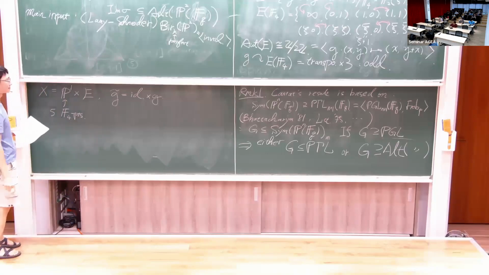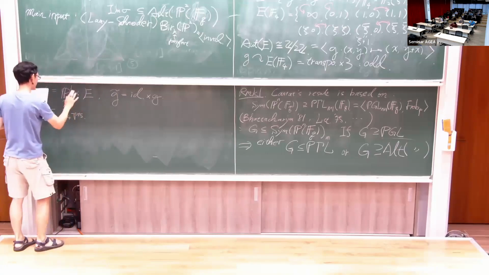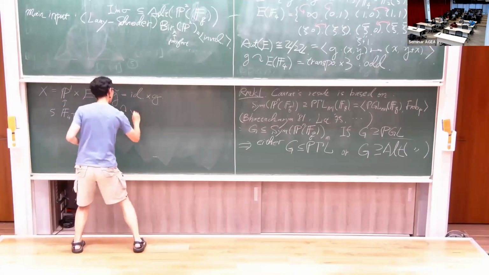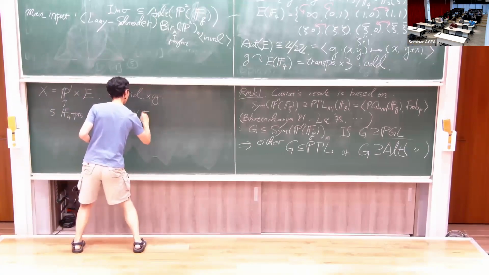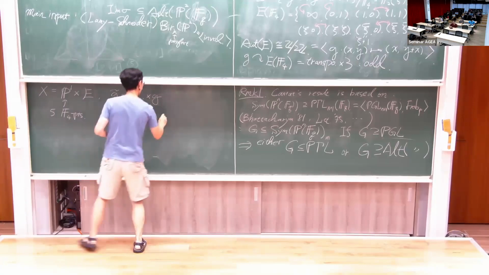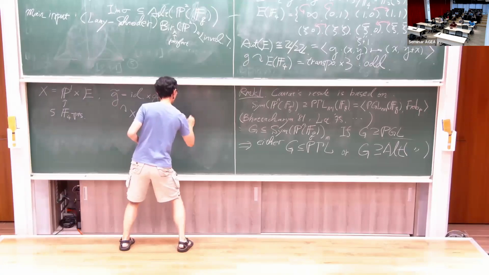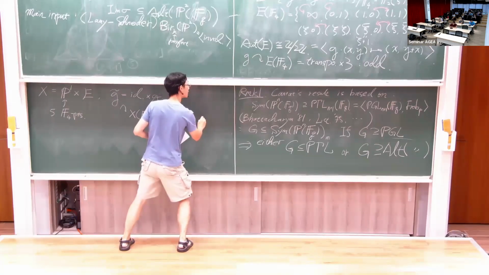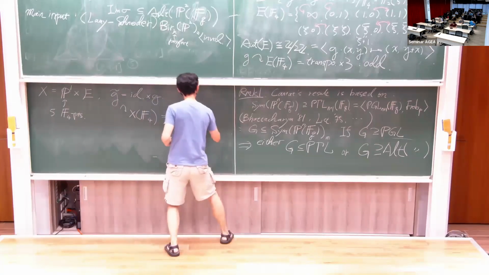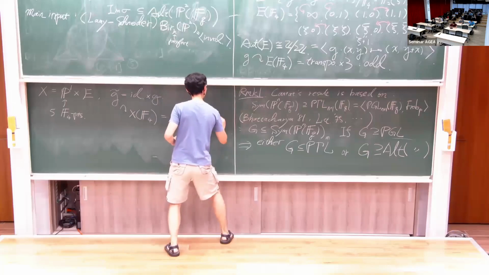So this action on the set of rational points has 3 times 5, which is 15 transpositions. So this is odd.